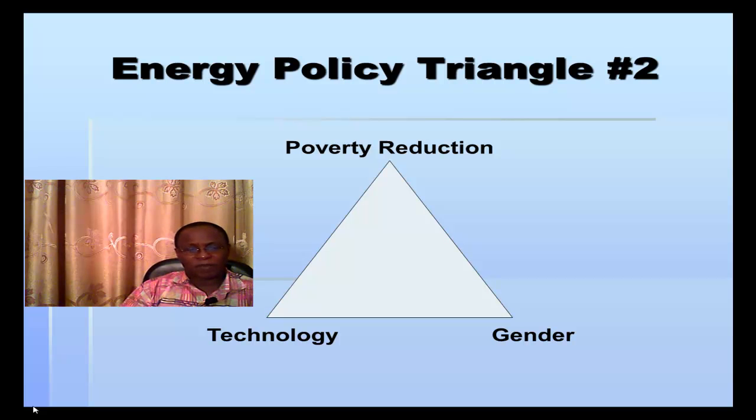So one cannot ignore gender when one deals with energy policy and energy sector development in developing countries. And then a third issue is technology. Many countries are wary of the fact that they are dependent on the industrialized world for energy technologies. They are importing practically everything that goes into their energy system, all the way from the power plants to the wires that carry the electricity into homes, and the regulatory devices and things like that.